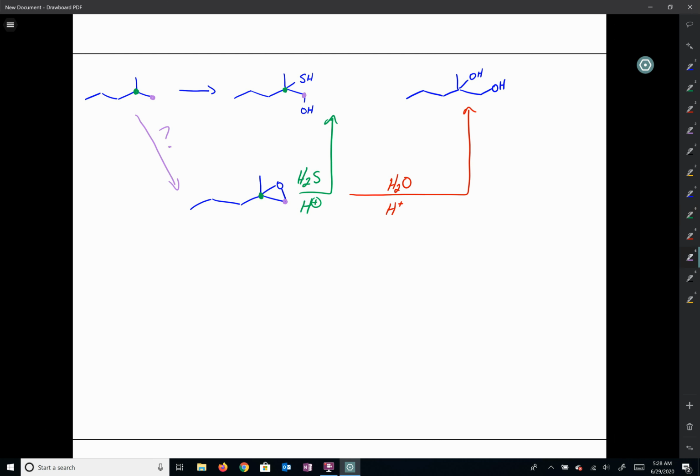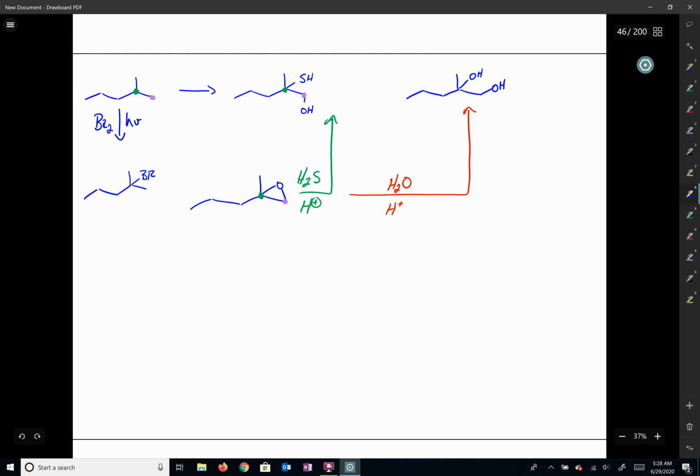So if we don't have any functional groups, then we got to add a functional group to it. And there's really only one reaction that we know that we can add a functional group to something. And that is our good old buddy halogenation, Br2 and hv, right? And if we do that, then we know we are doing radical halogenation.